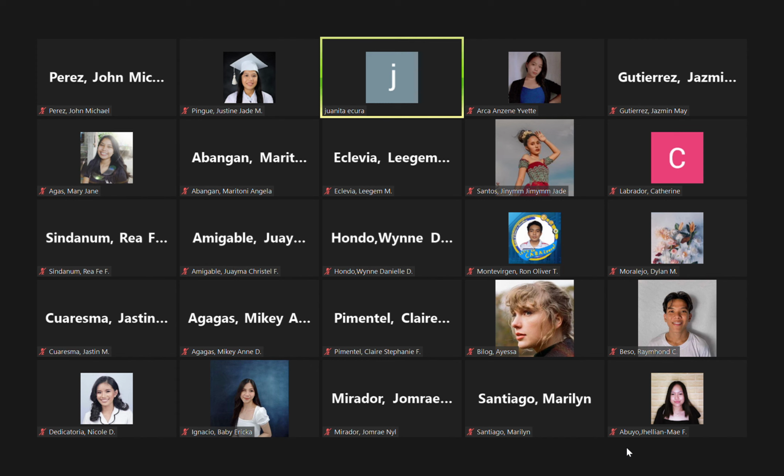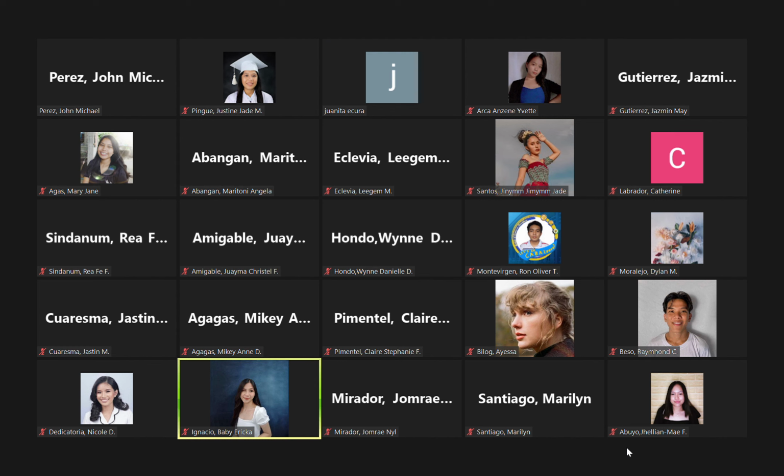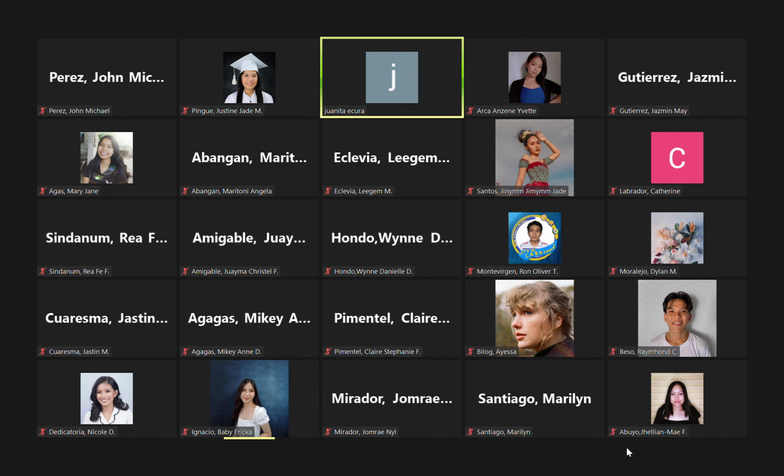Conversion costs, 2,258. Ilan lahat ng total na debits sa work in process? 6,512. Okay, 6,512.